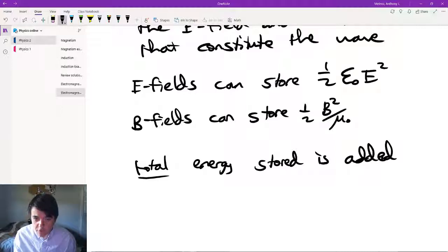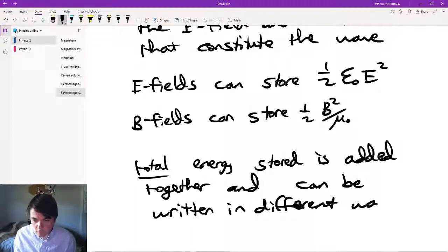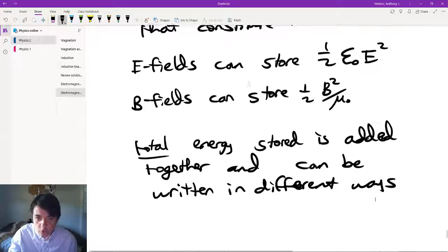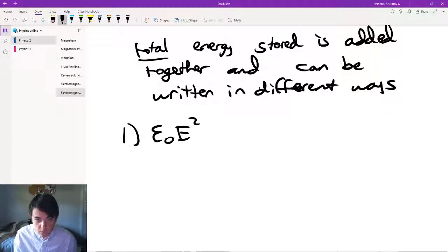Okay, so the total energy stored is added together, and can be written in different ways. Okay, 3 different ways to write the total energy storage. If you want it in terms of E field only, it's epsilon naught E squared.